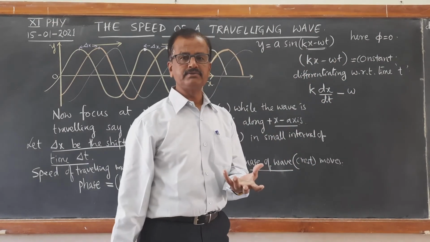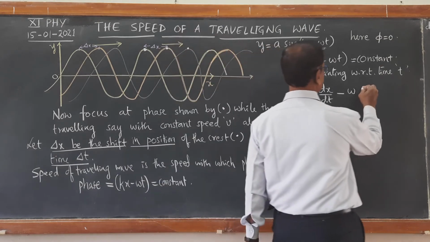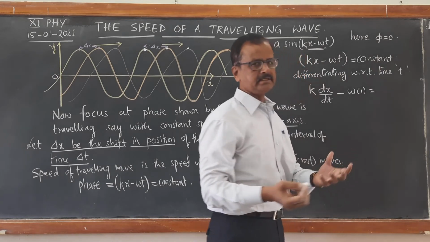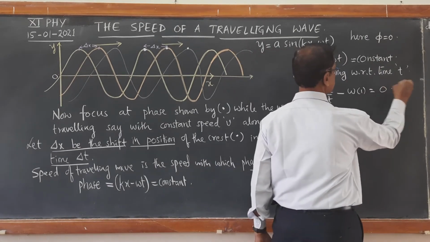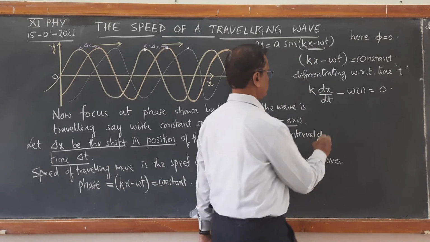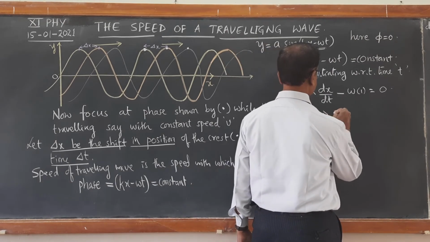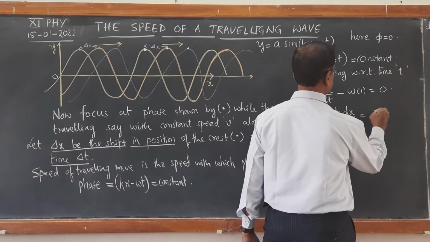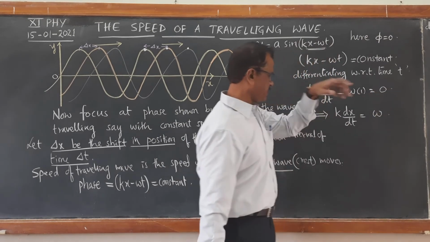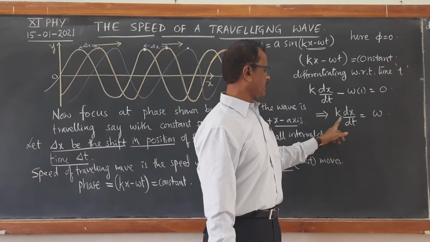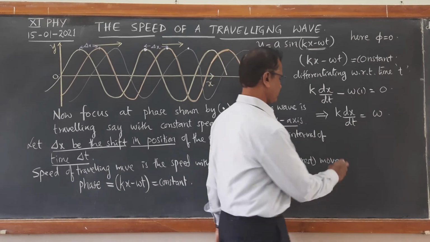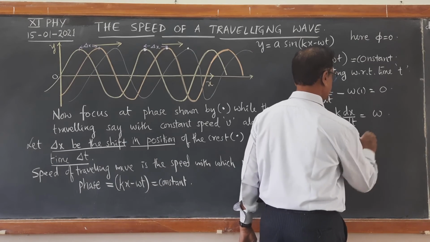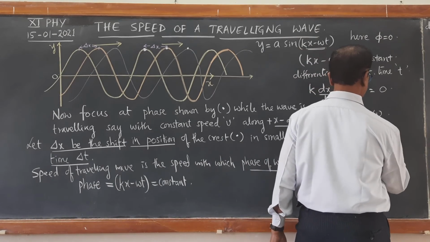Omega dt by dt gives you 1. Omega into 1, and the differentiation of any constant is 0. So you get 0. Therefore, this implies k dx by dt is equal to omega. When you take the minus omega to the right hand side, k dx by dt becomes omega. Therefore, dx by dt, that's what we want, the speed, is equal to omega by k.